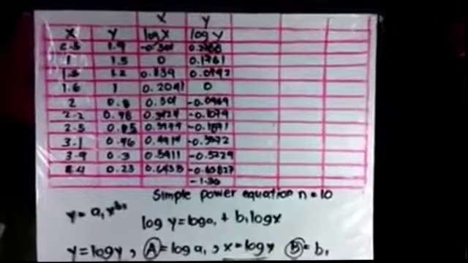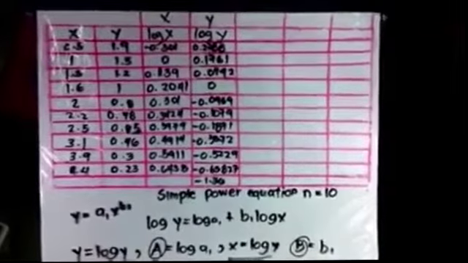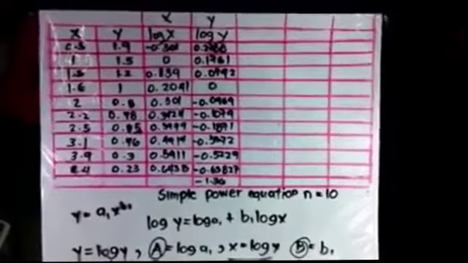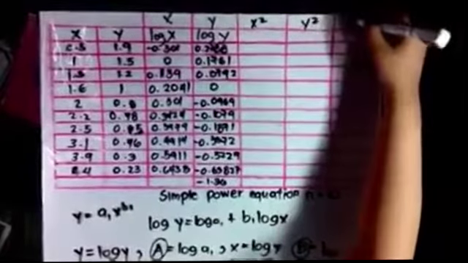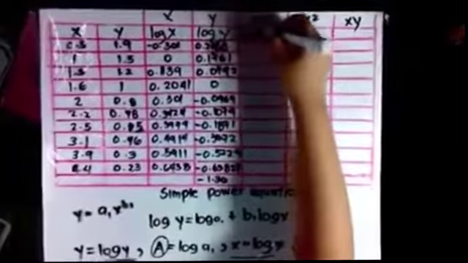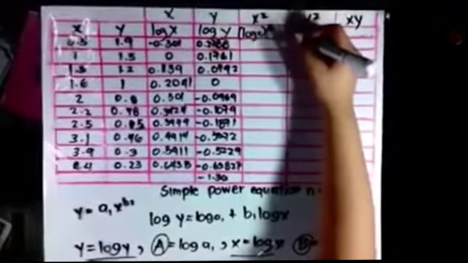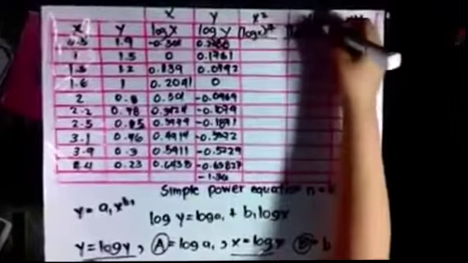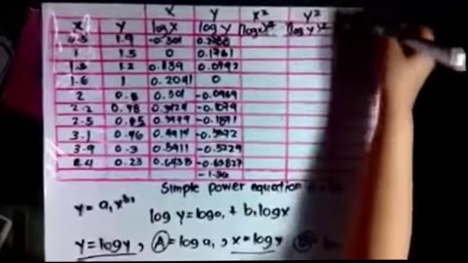So now we have a new value for x and y, and then we have to calculate the value of x squared, y squared, and xy. It's log x times log y, log x squared, log y squared, then log x times log y.